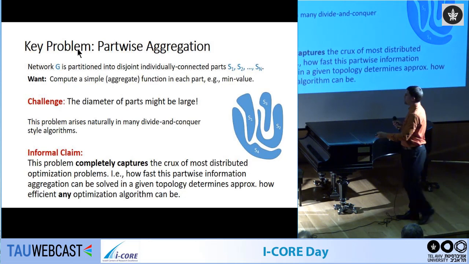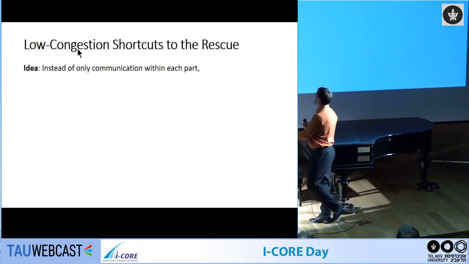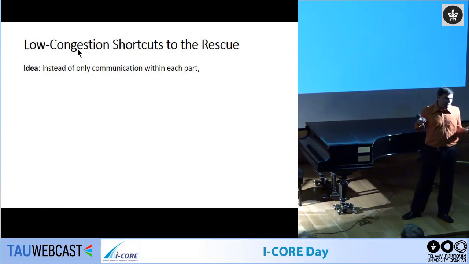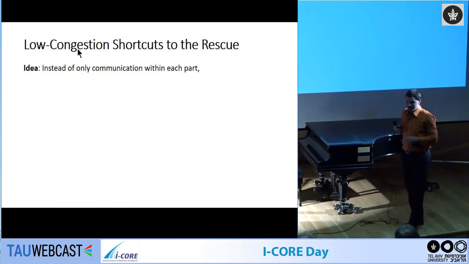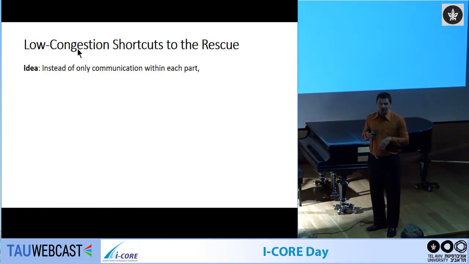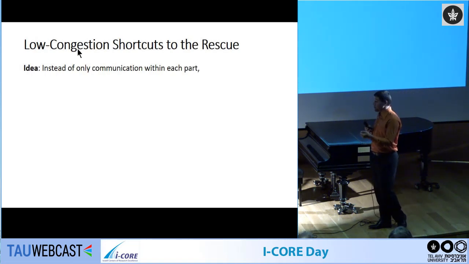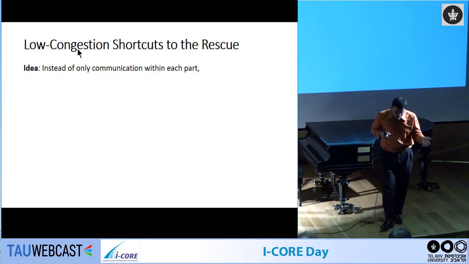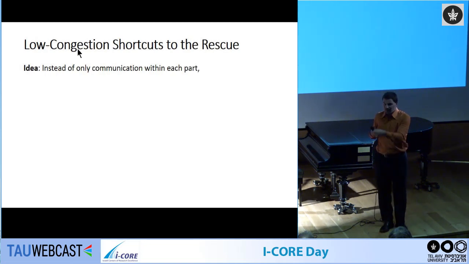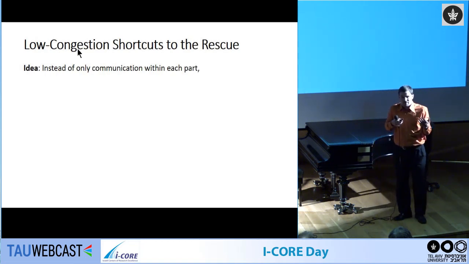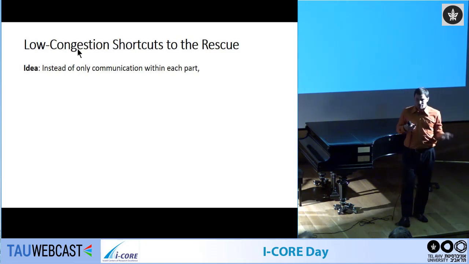Let's try to solve this problem. Low congestion shortcuts is basically the tool that's going to come out of this, but as you'll see, it falls out very naturally. So what's the problem? Initially, when we tried to solve these things, we just stayed within the subset. We had this long windy path, and we wanted to compute the minimum, and we were just saying, flood within the subset, and then the diameter is very long, and we have a problem.